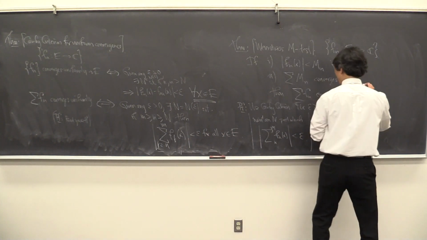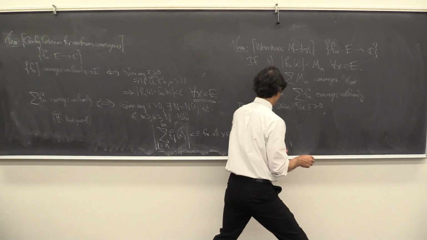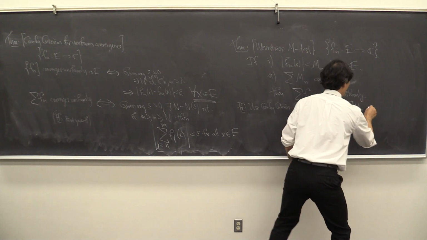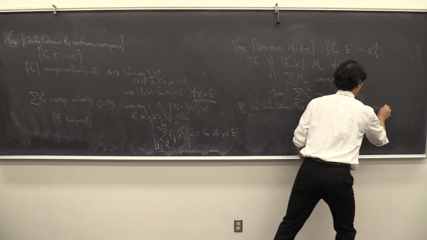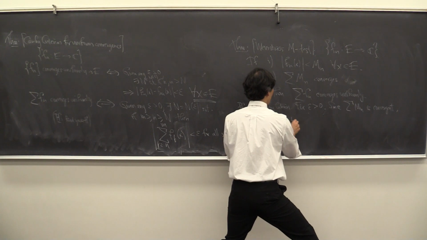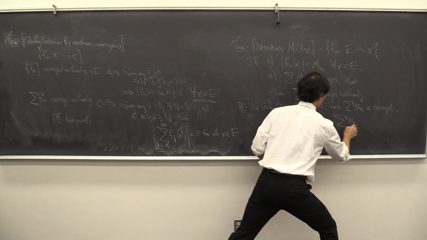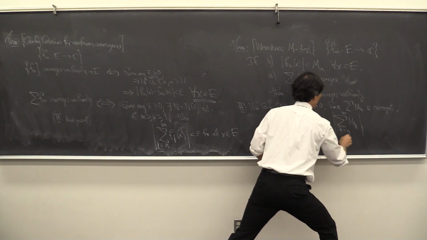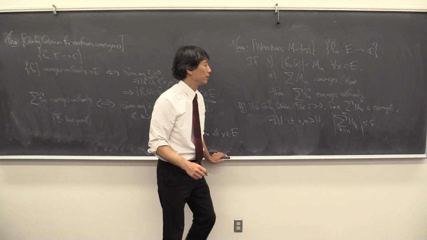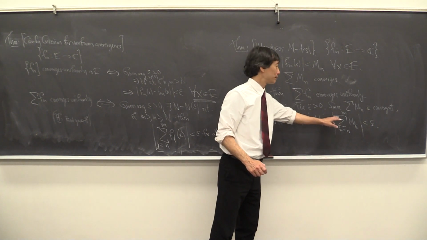Since this is convergent, we know that there exists an n such that if n and m are greater than n, then this tail is smaller than epsilon. That's the Cauchy criterion for series of numbers.